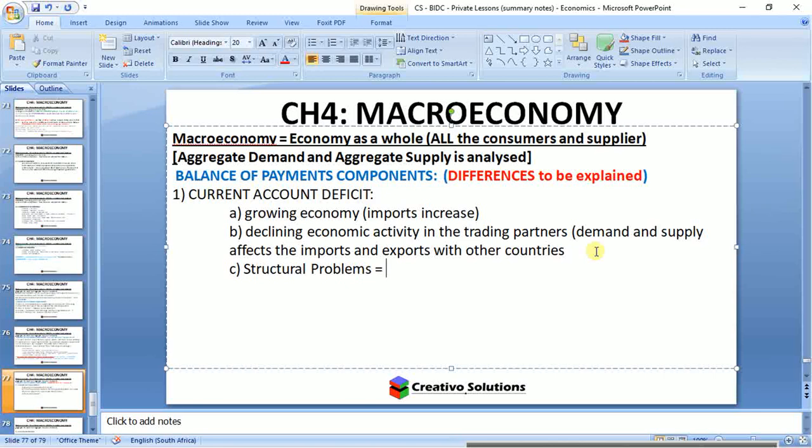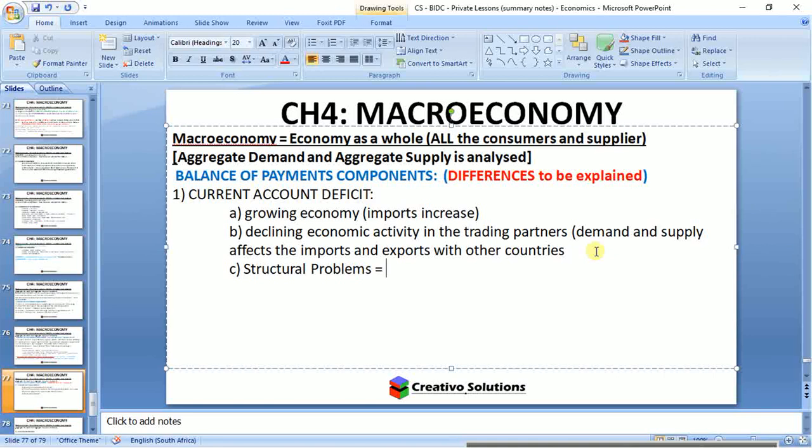A current account deficit that lasts over the long run is more of a concern, because it indicates that domestic firms are not internationally competitive. That's the key. If our companies cannot produce goods that the rest of the world wants, will that affect our exports? Yes. So will our exports be more or less? They'll be less, because no one wants those goods.